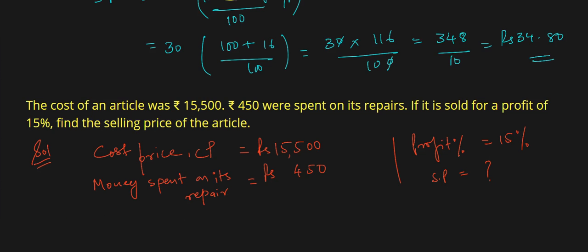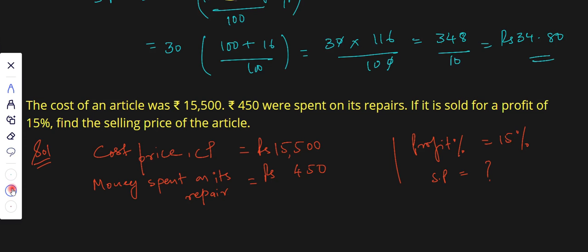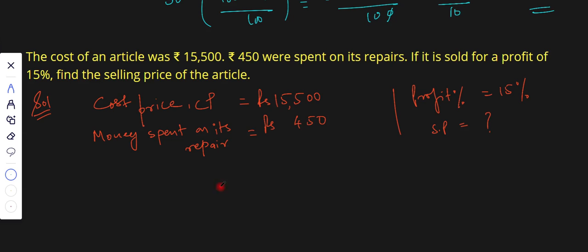Now, total cost price of that article, total CP of that article, is equals to rupees... Now you are going to add both these values, right?